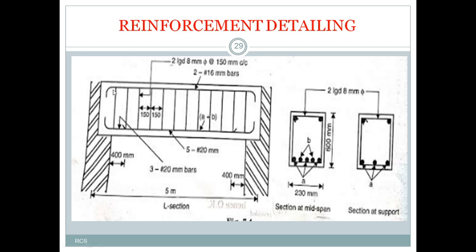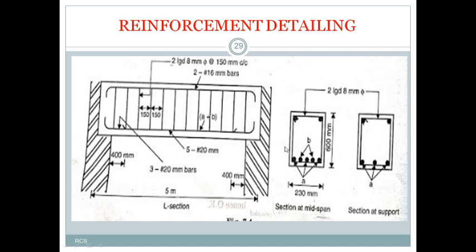Right. Alright. Here you see in compression reinforcement, we have calculated 2 bars of 16 mm diameter. So here we have to provide 2 bars of 16 mm diameter, and these are the vertical stirrups, the vertical lines which are shown in the longitudinal section of the beam. That is 2 legs 8 mm. They are provided at a spacing of 150 mm.